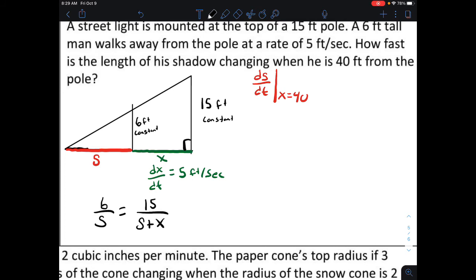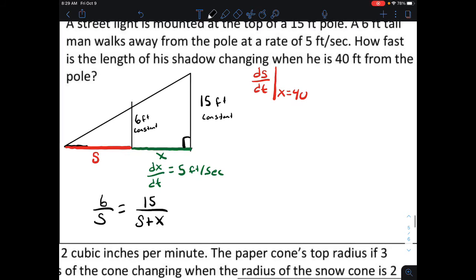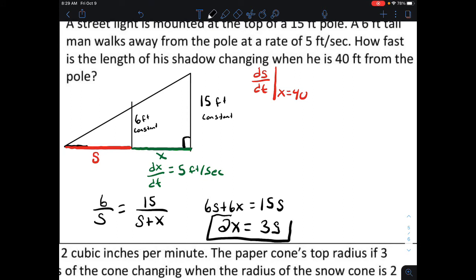Now, I would cross multiply and try to make things easier. So we'd have 6S plus 6X is equal to 15 times S. And we try to simplify that problem as much as we can before we worry about taking any kind of derivatives, and we'd wind up with 2x is equal to 3 times S. All right, now this is the formula that we have that relates S and X together.